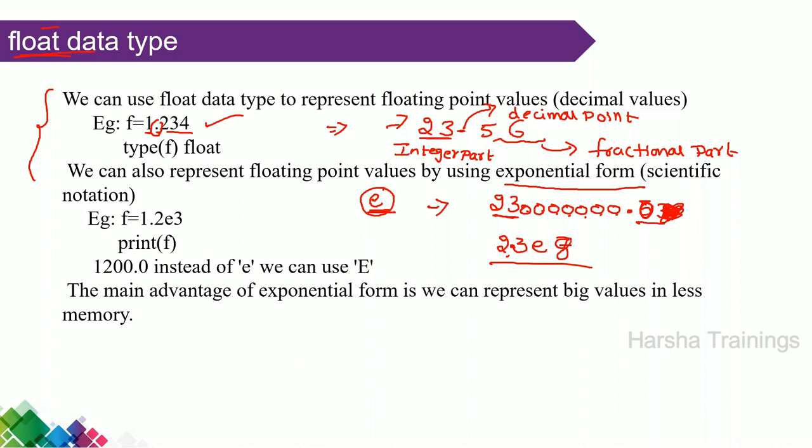You can write in any fashion. For example, if you are writing 23E7, the meaning is 23 into 10 power 7, where 7 specifies the power. Or you can represent 23E8, this is 2.3 into 10 power 8.